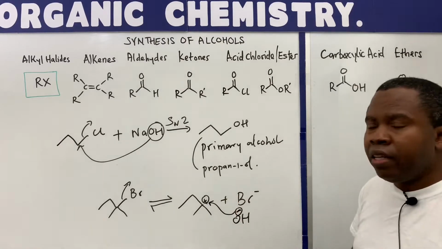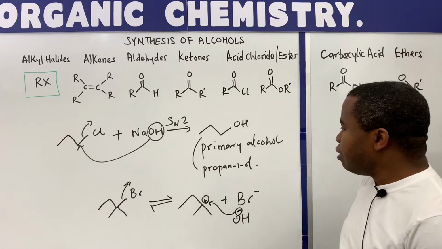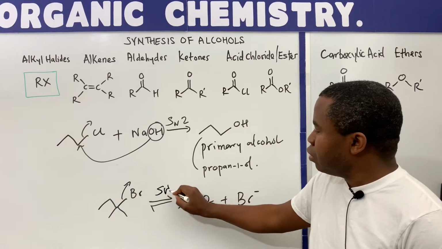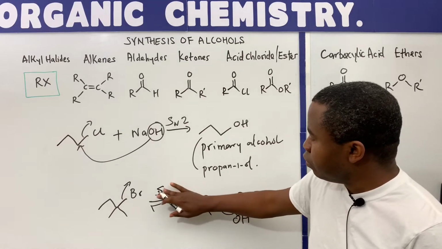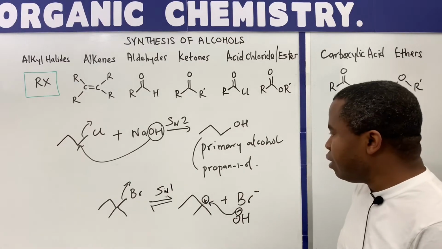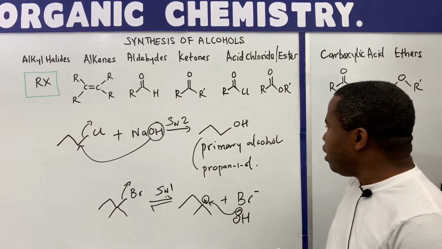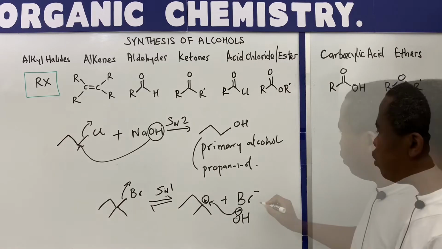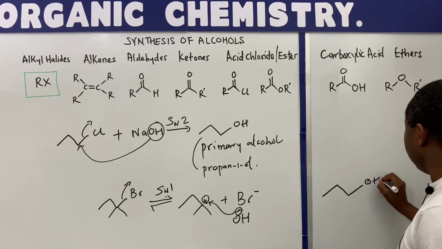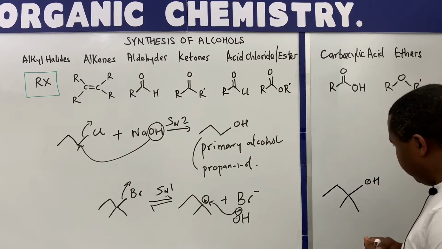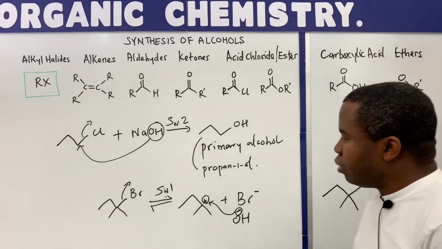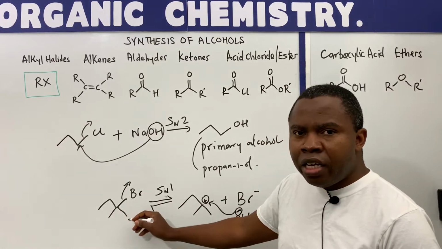Before the nucleophilic attack happens. So this is an SN1 reaction. This is an SN1 reaction, and this is possible because we are forming a tertiary alcohol, and the product we are forming here is this. It is a tertiary alcohol, and it's because we started with a tertiary alkyl halide.